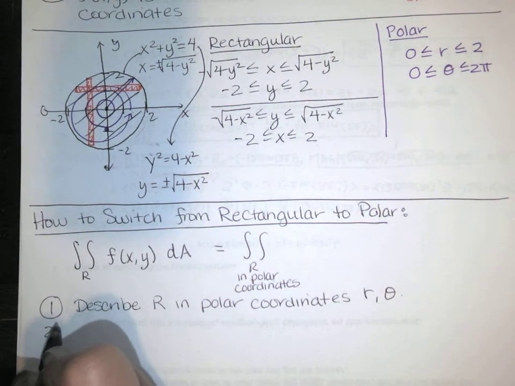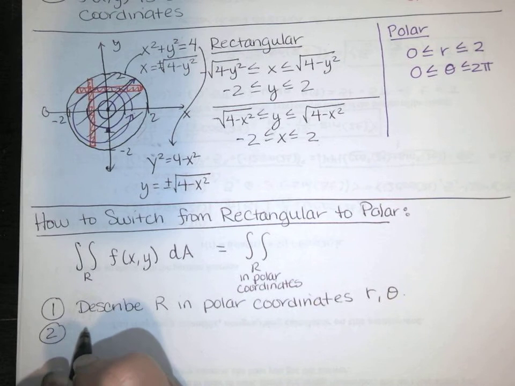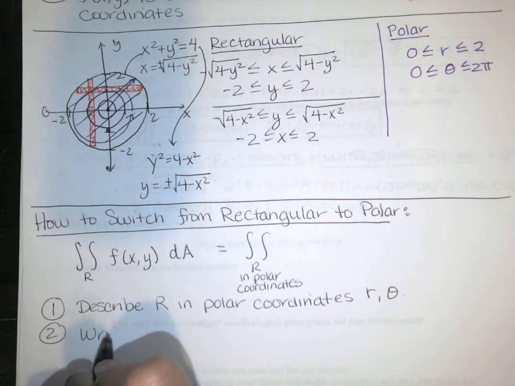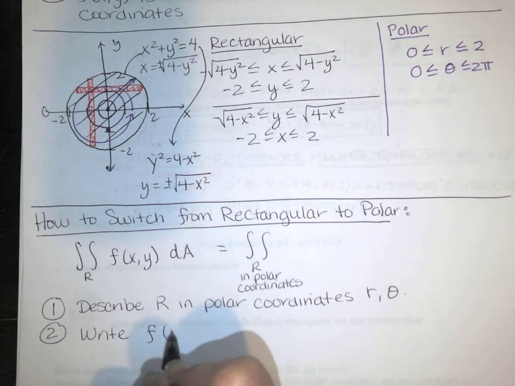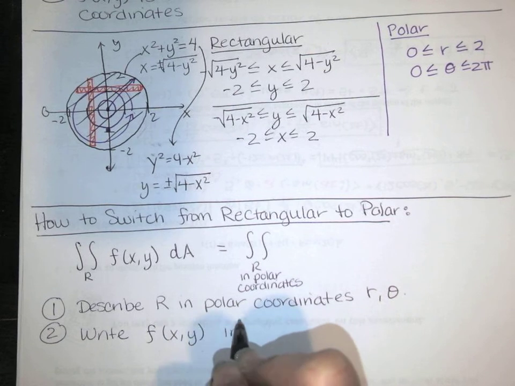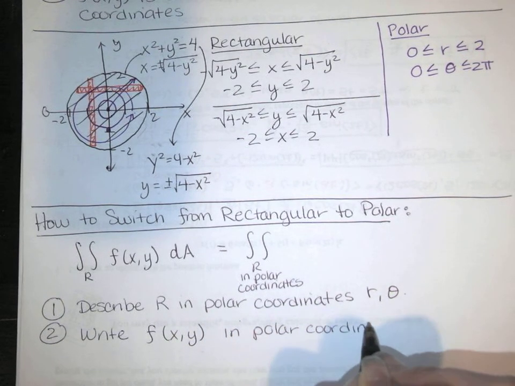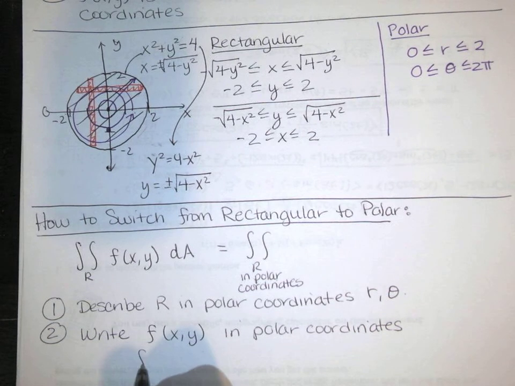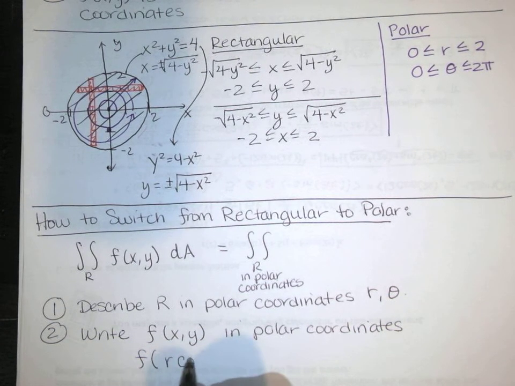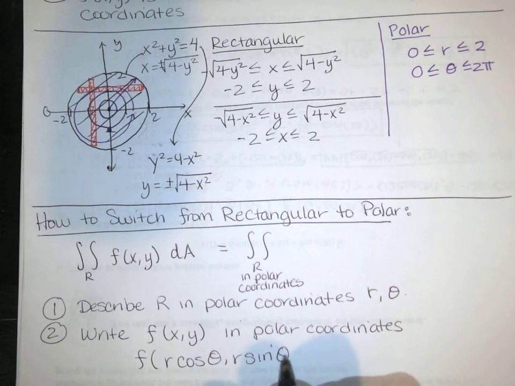And then we need a new integrand. One way you can do that is to replace x with r cosine theta and replace y with r sine theta.